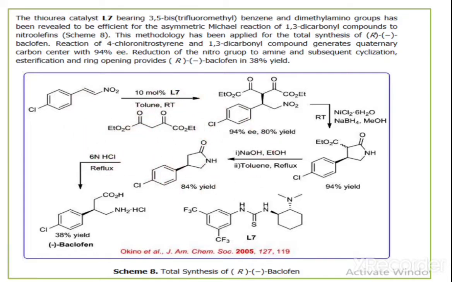Now this methodology has been applied for the total synthesis of R-baclofen. Here in scheme number 8, the reaction of 4-chloronitrostyrene and 1,3-dicarbonyl compound generates the quaternary carbon center with 94% enantiomeric excess.